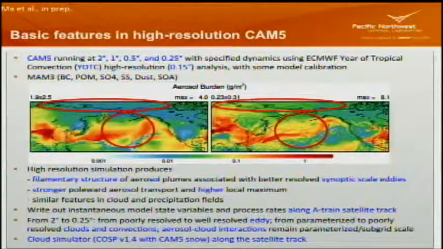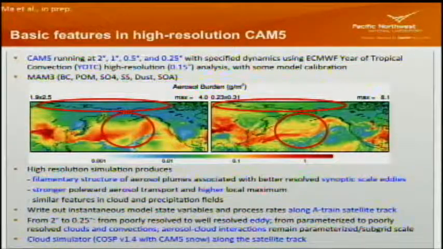Here I want to point out that first, you can see that the aerosol concentration in the Arctic between the 2 degree and the quarter degree model is a lot different, maybe about an order of magnitude different. And the second thing, as Phil also mentioned earlier, is that we can see much more filaments in the high resolution model.